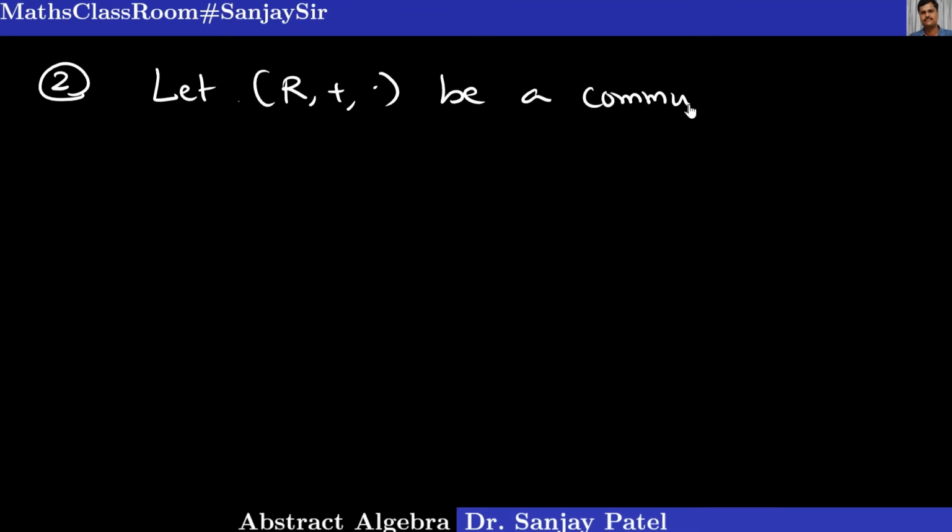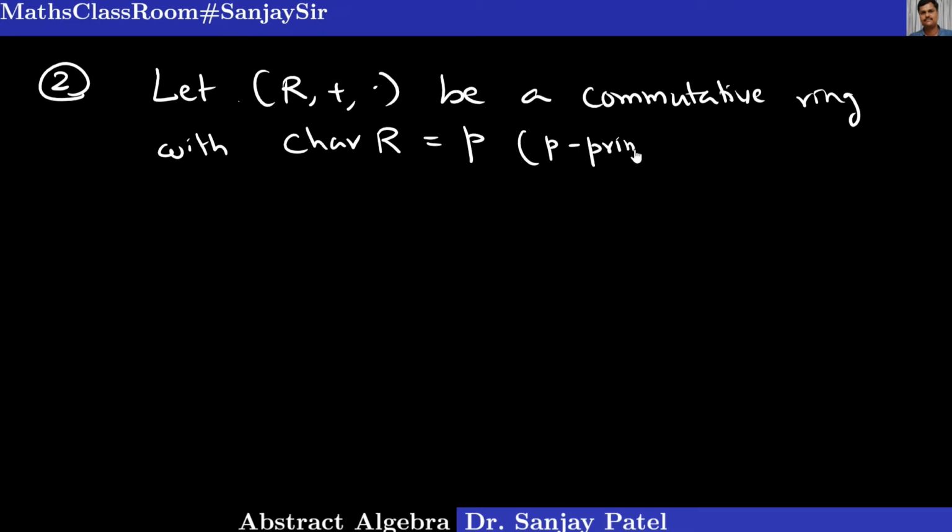Let us take another example. Second problem. Let R, plus, dot be a commutative ring with characteristic of R equal to small p, where this p is a prime number.